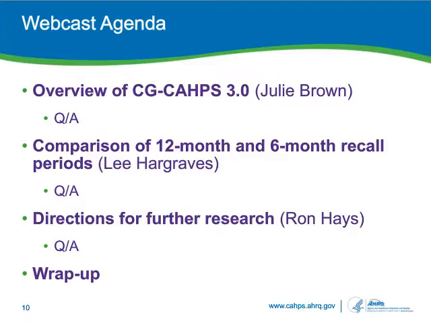And then we'll pause again for questions from you to either Julie and Lee. And then we'll conclude with a brief presentation by Ron about further testing that's underway or planned to inform the ongoing improvements that we will always be pursuing for the CG-CAHPS survey.